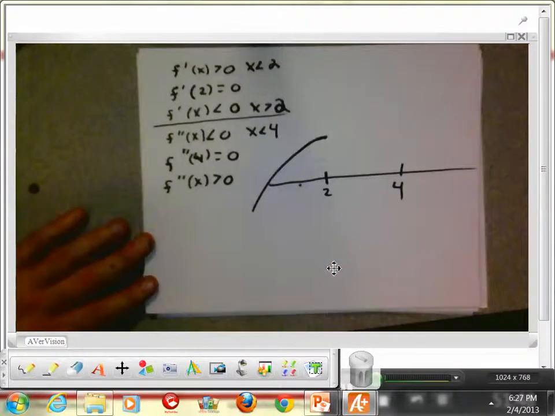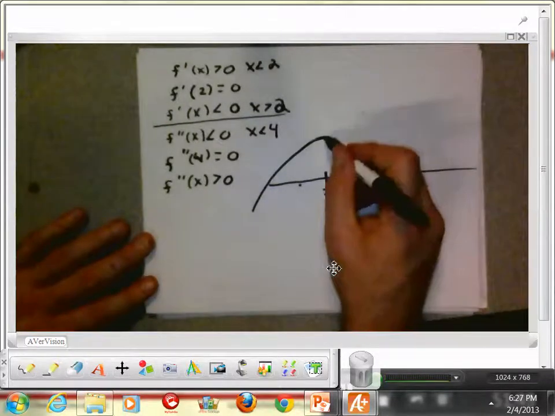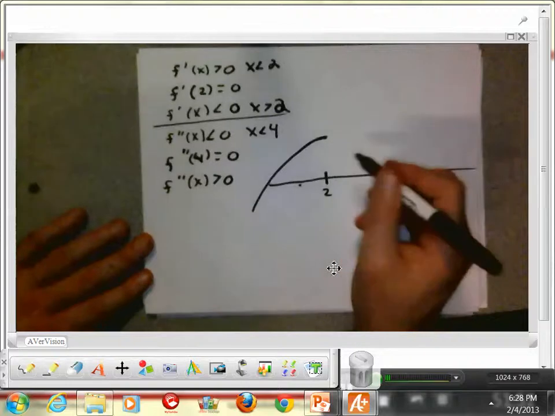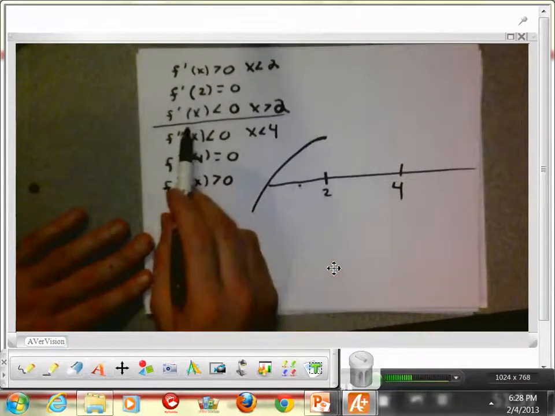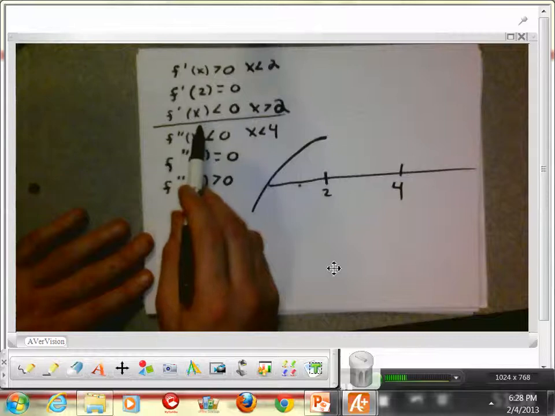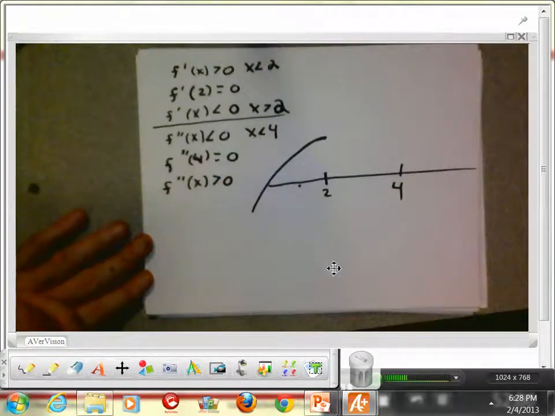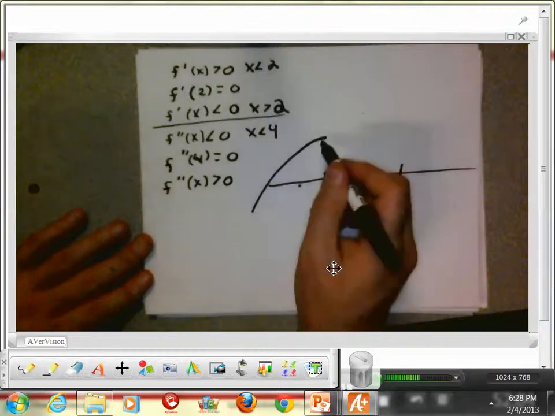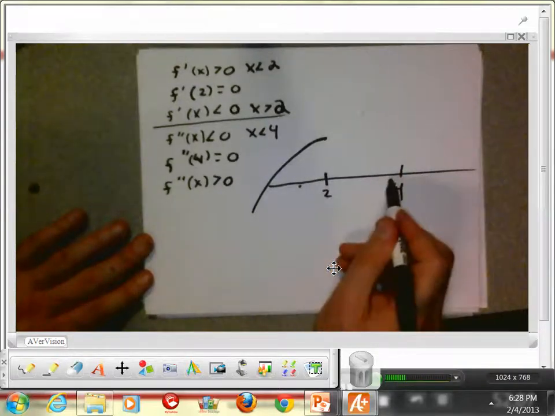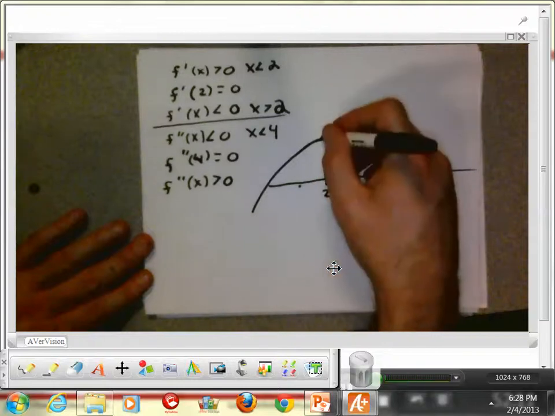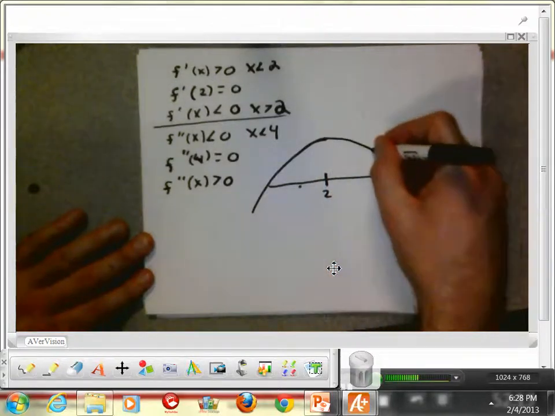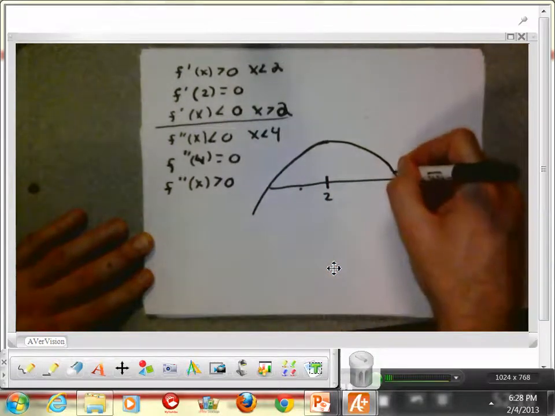So now what we're going to want to have over here is that if we're greater than 2, is the function going up or down? Down, right? And if we're less than 4 still, we're still concave down, right? So I'm going to make it still concave down, we're decreasing.